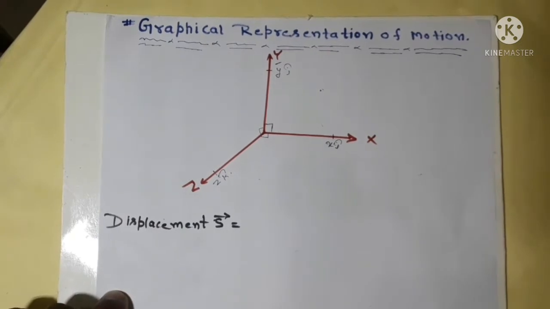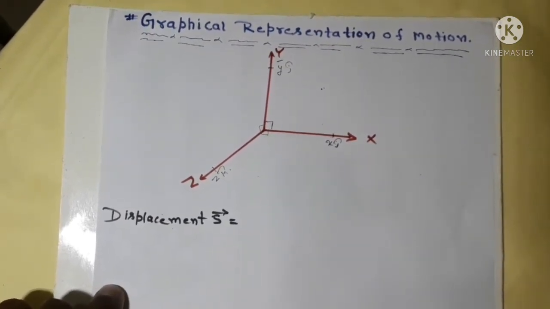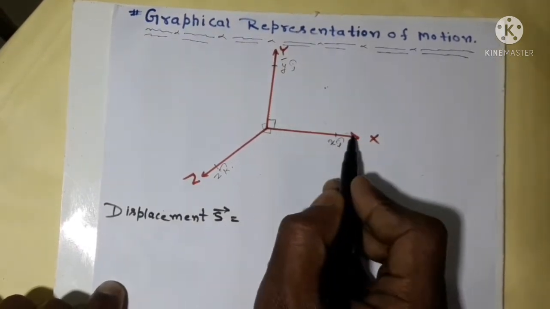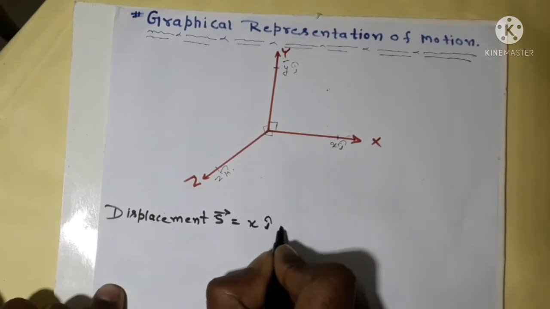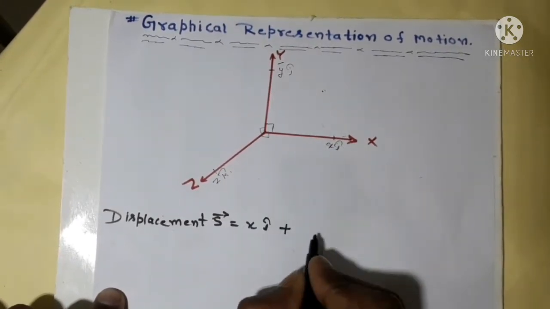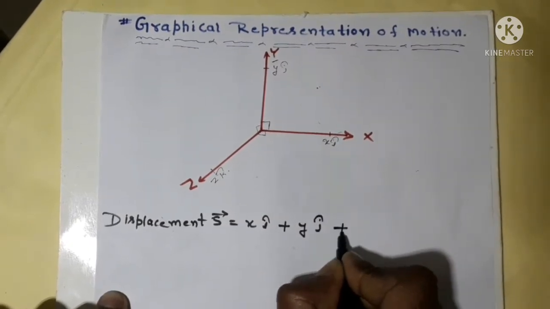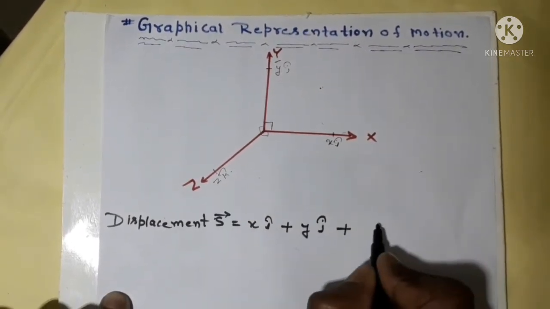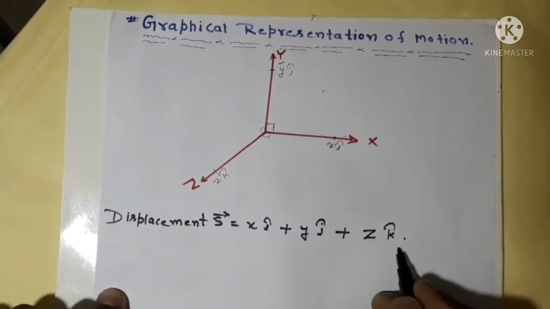So displacement can be written as x I cap plus y j cap plus z k cap. This is the displacement.